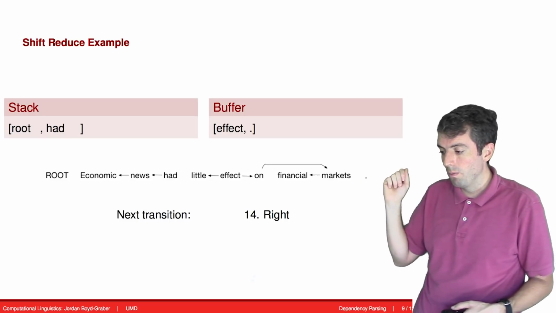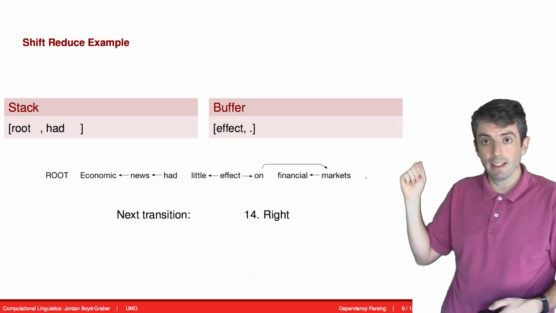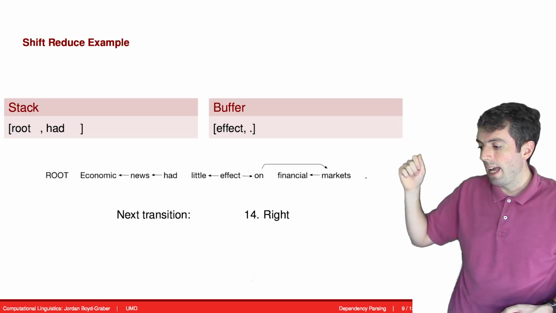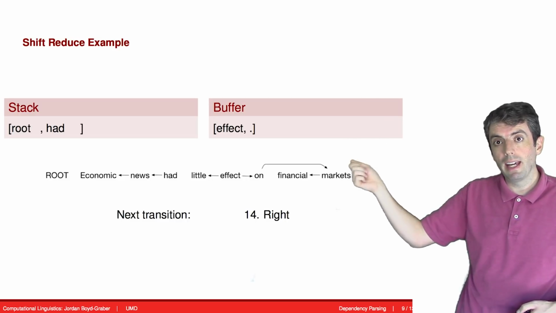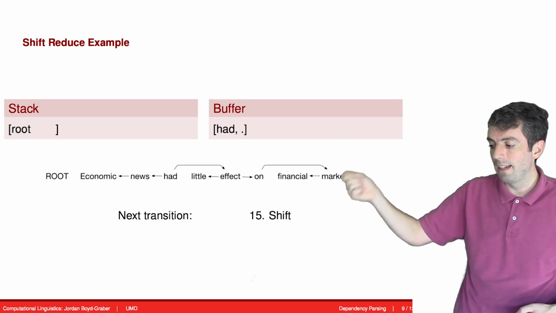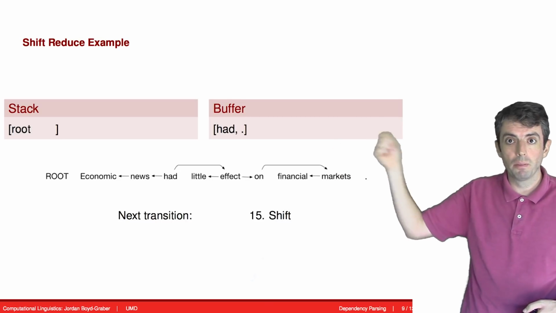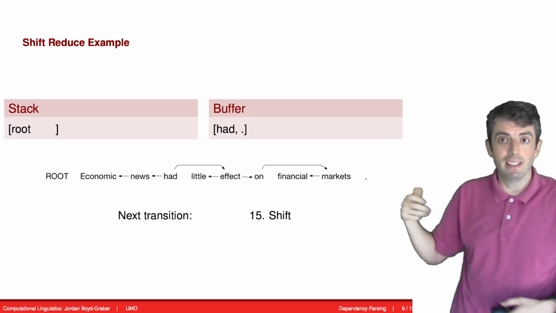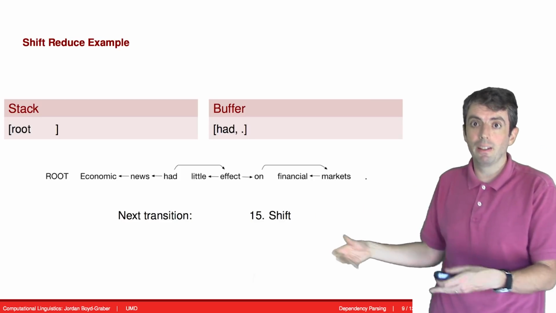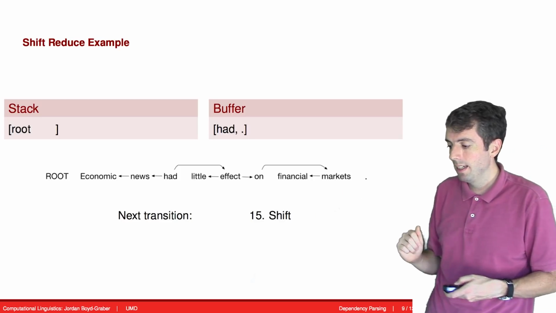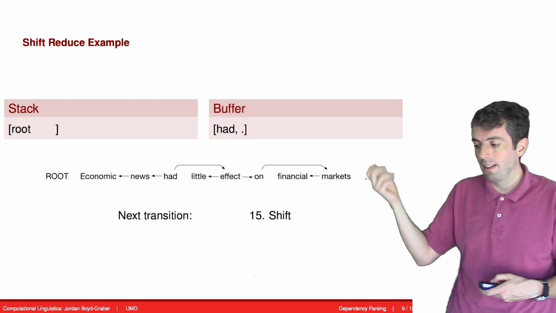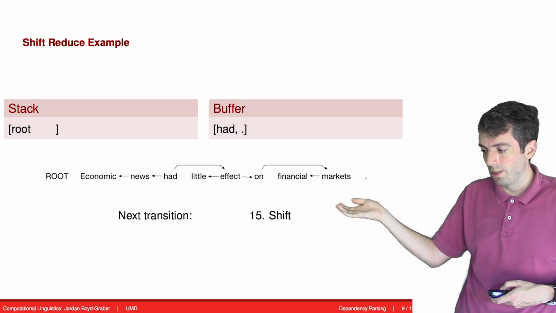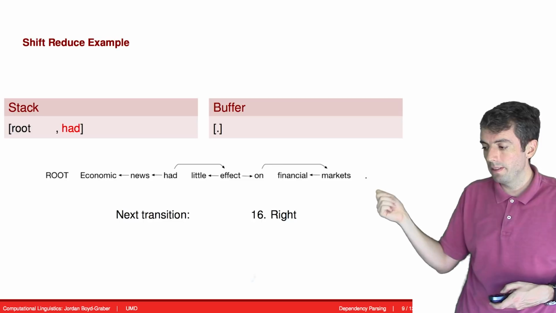And now we have effect on the top of our buffer, and this can now allow us to connect had to effect. So had is a helper verb of effect. Effect is elaborating what kind of action is happening. So it is the child. And then finally, we're going to shift had to the stack.